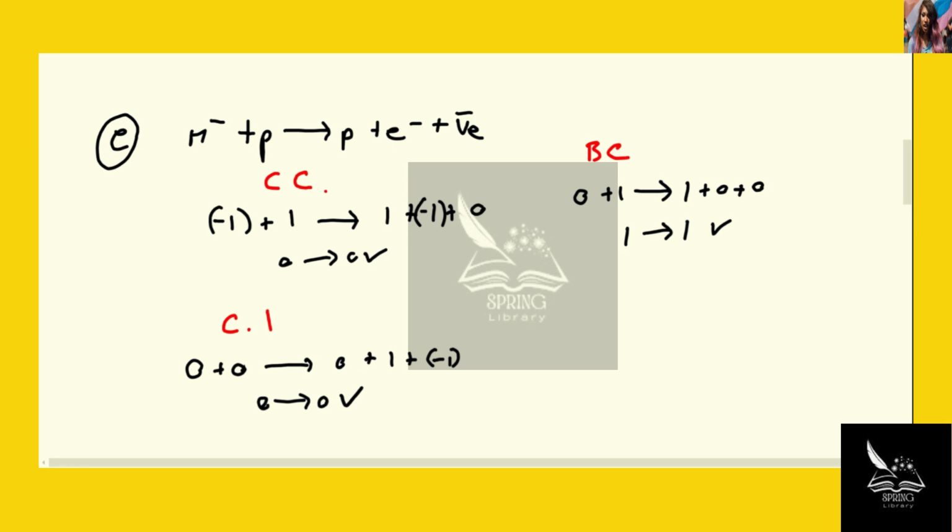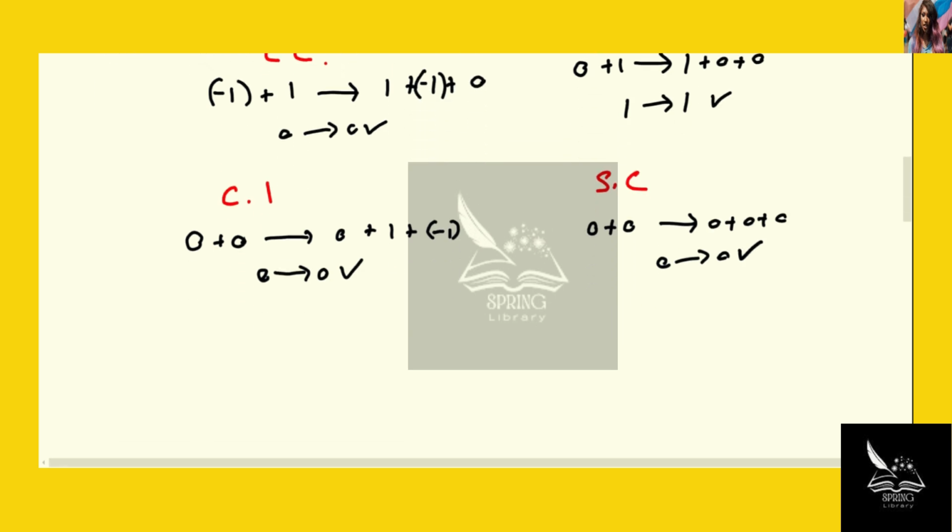Checks out. Now we need to find the strangeness. It's going to be 0 plus 0 going to 0 plus 0 plus 0, so 0 to 0. Checks out. This is going to be conserved, but it's going to be weak. And it's weak because of the lepton.